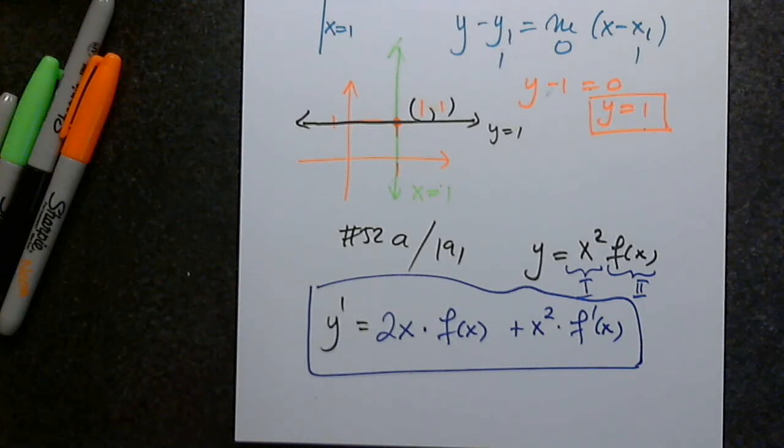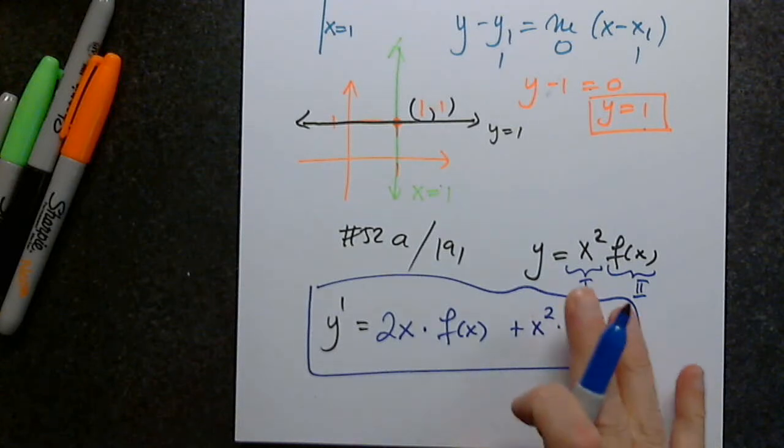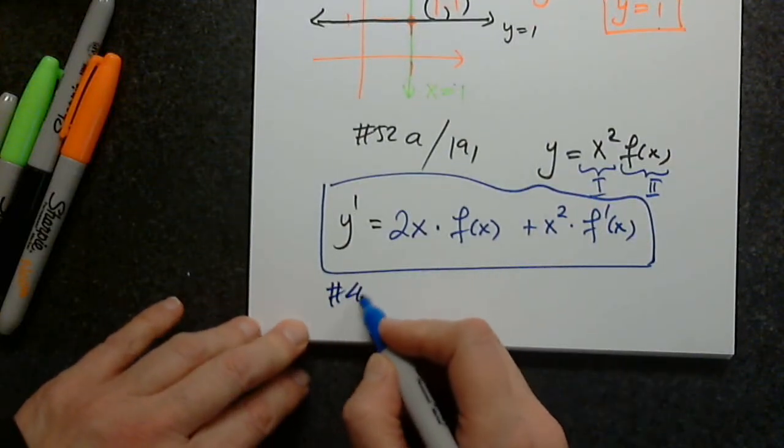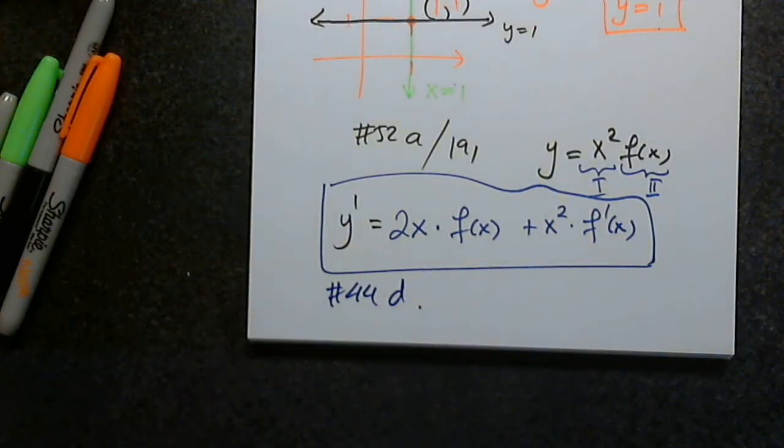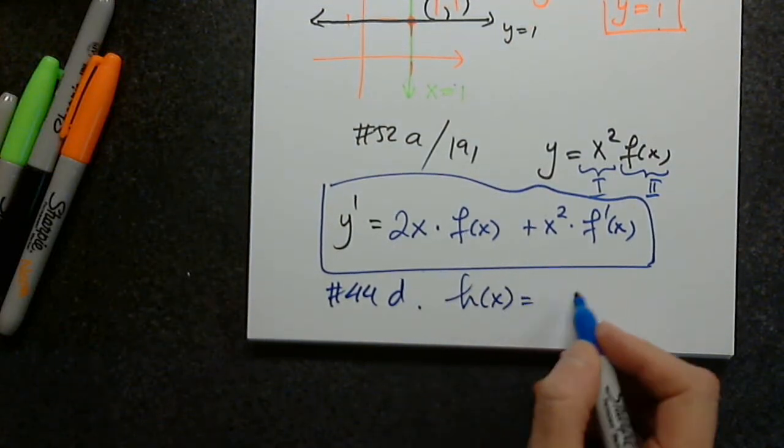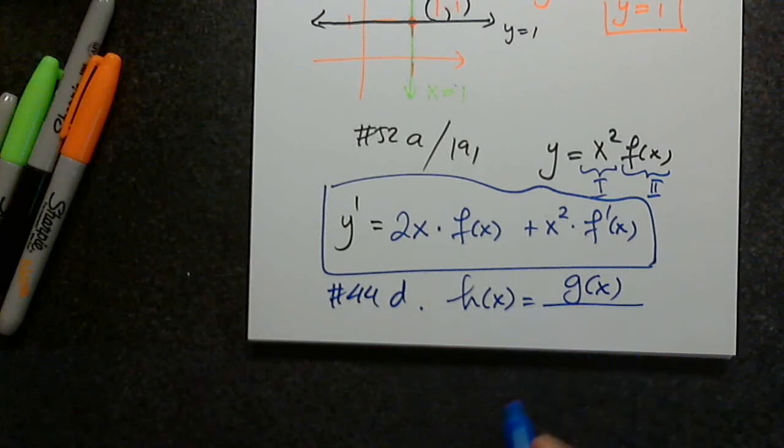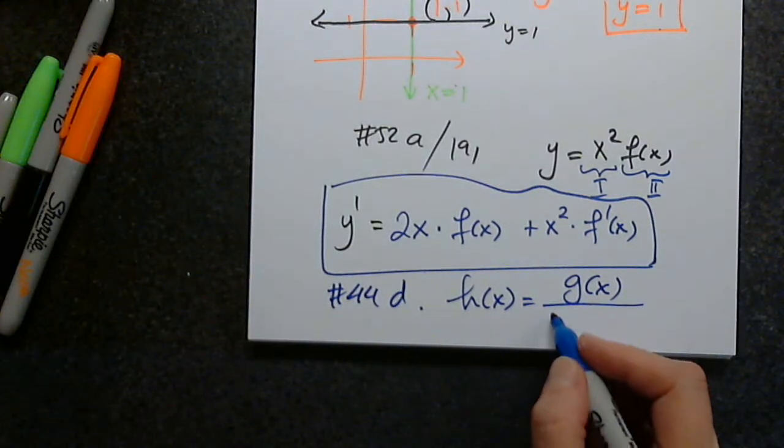Okay, so let's look also at 44D. In 44D, we have a function h of x, which is g of x divided by 1 plus f of x.